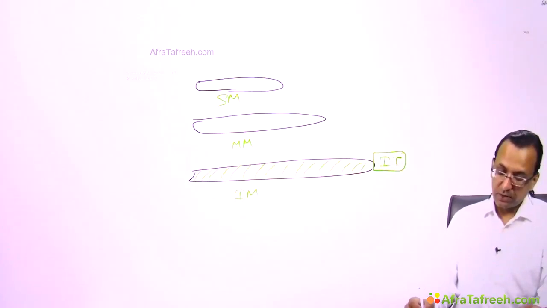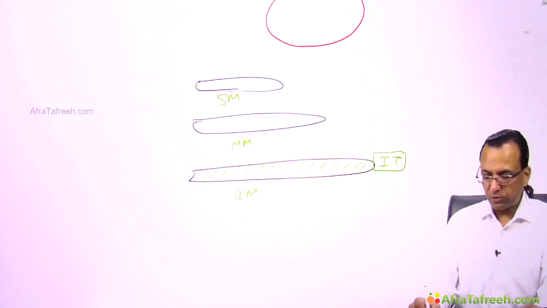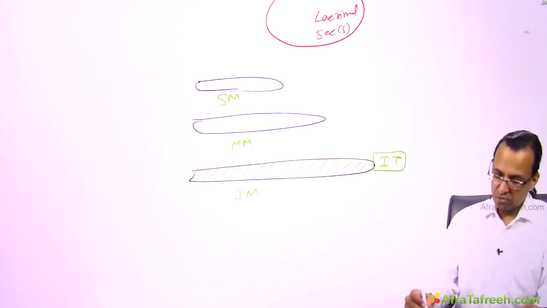And what else? Then you have to tell that there is an orbit, and in the orbit you have the lacrimal secretions, and those lacrimal secretions should come into the lateral wall of nasal cavity. How? It will come like this.